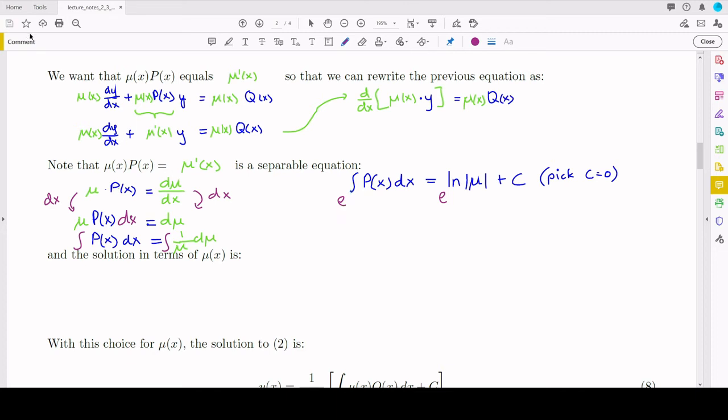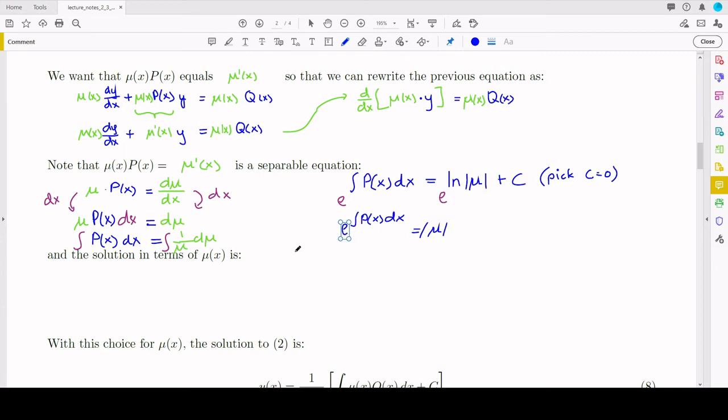And so what we're left with on the right is e to the antiderivative of p of x dx equals the absolute value of mu. So potentially mu could be plus or minus this, and we're just going to pick the positive solution.